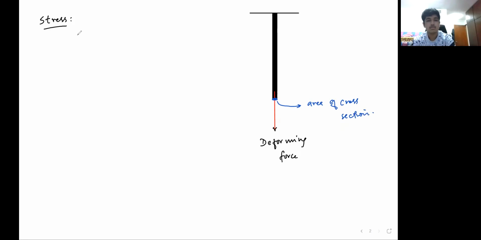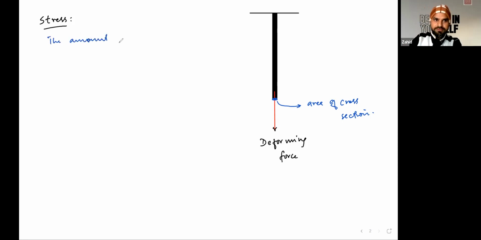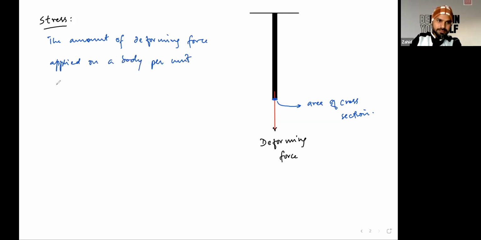So stress is basically the amount of deforming force applied on a body per unit area of cross-section. So stress is the amount of deforming force applied on a body per unit area of cross section is called stress.